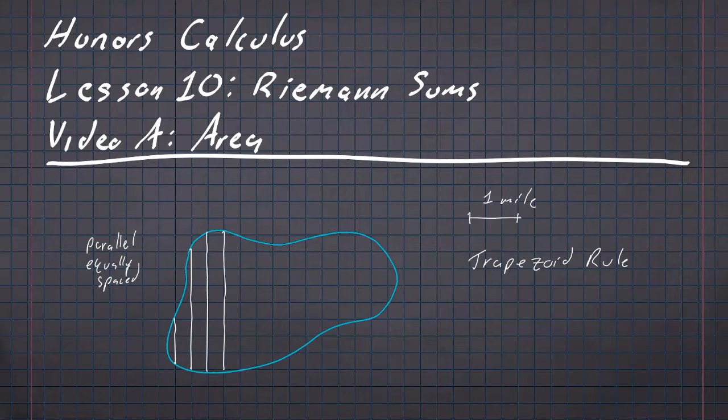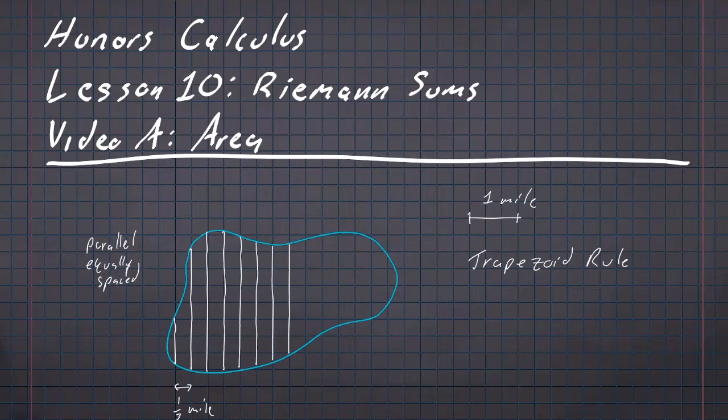Right. So the lines that I'm drawing are parallel and they're equally spaced. Each neighboring pair of lines is exactly 1/3 of a mile apart. And I could extend these lines out, but the only part of the line that really matters is the part that falls inside of our arbitrary curve.